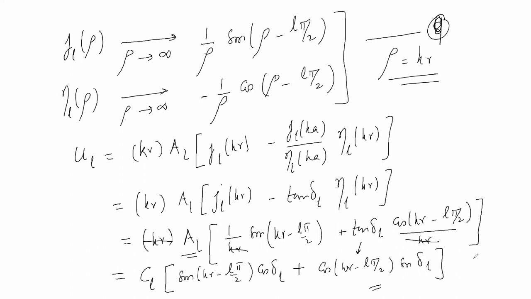and this is nothing but sin A cos B plus cos A sin B, and that means I can write it as sin (kr minus L pi by 2 plus delta_L). Therefore I can write this as C_L sin (kr minus L pi by 2 plus delta_L).